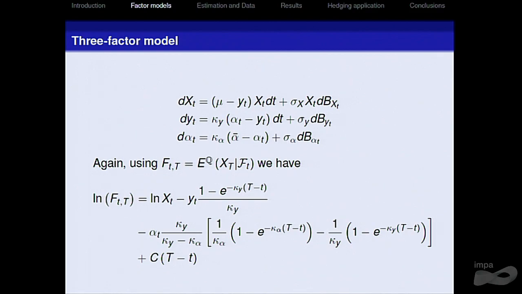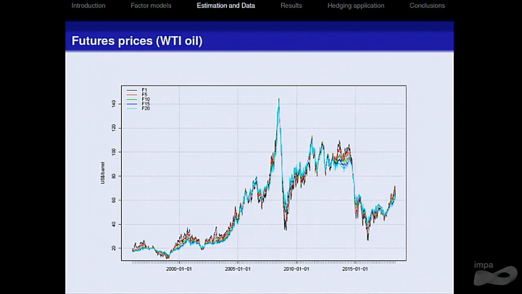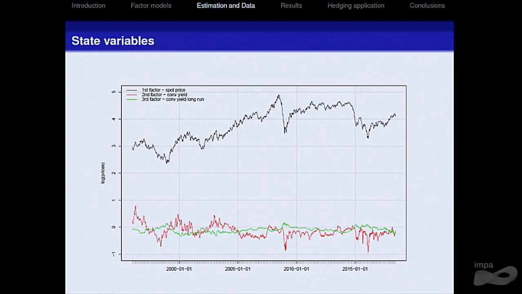To this end, we took 5 futures contracts of WTI oil prices. This is the observed variable that we are going to use in the calibration. Then we calibrate both models.